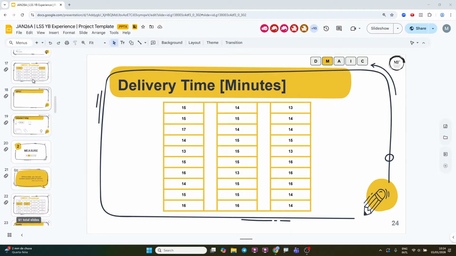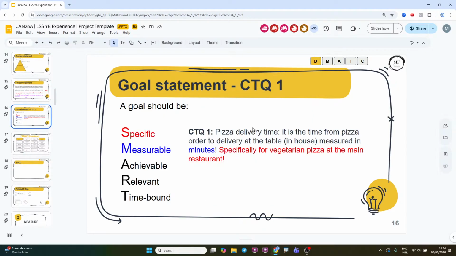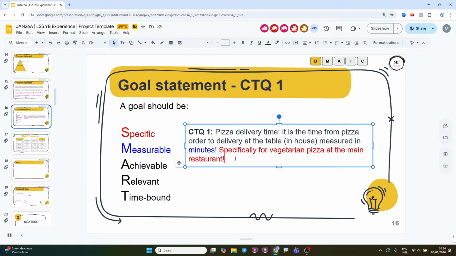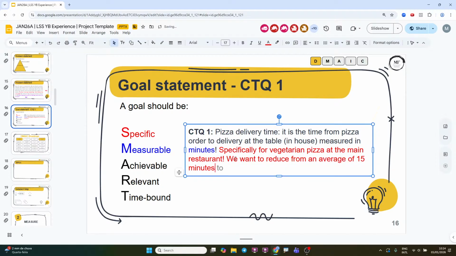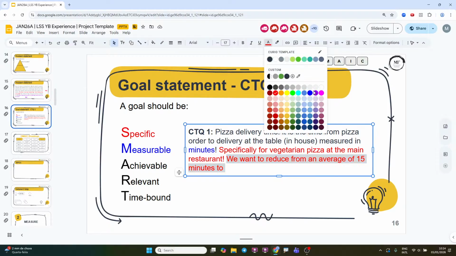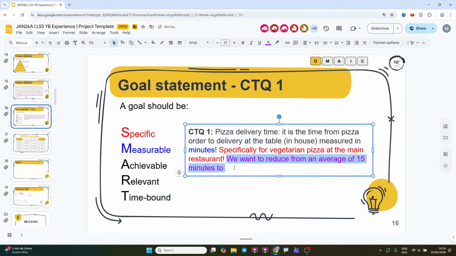And then you can go ahead and write down here, we want to reduce from an average of 15 minutes.